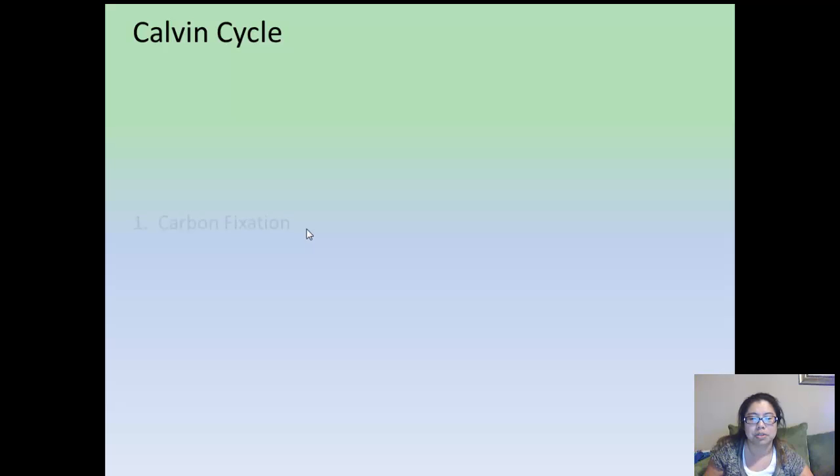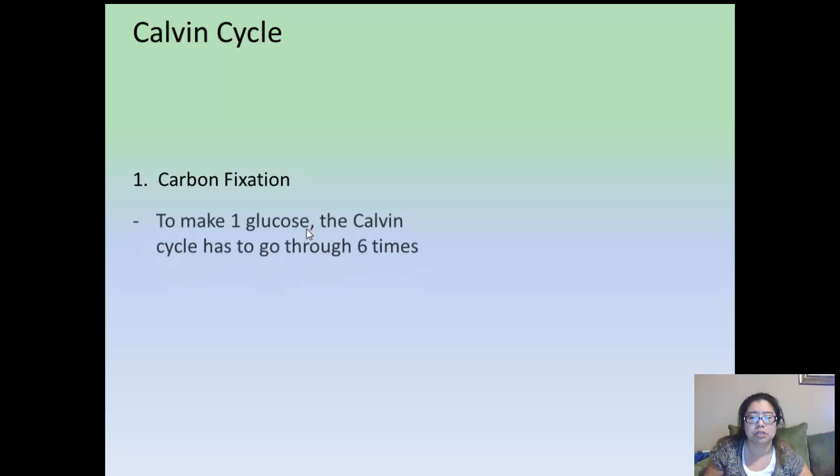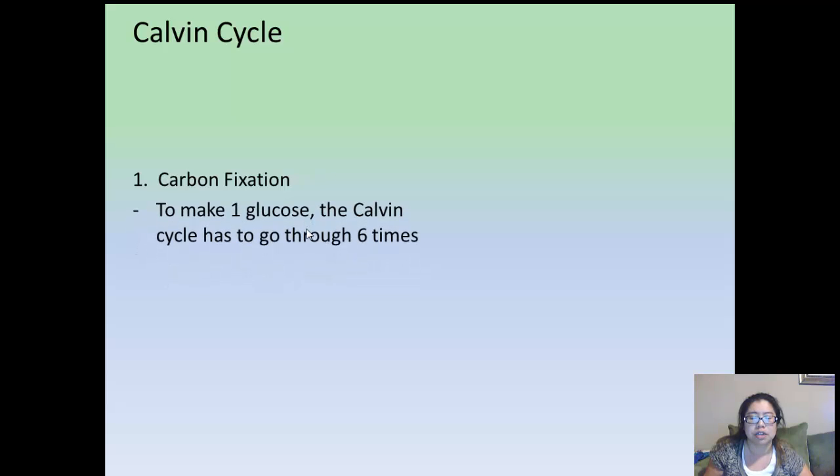So the first step is carbon fixation. This is where the plants take the opportunity of taking carbon dioxide from the environment and putting it into a chemical form of sugar. So to make 1 molecule of sugar, glucose, the Calvin cycle has to go through 6 times, because only 1 carbon dioxide is allowed for every cycle.